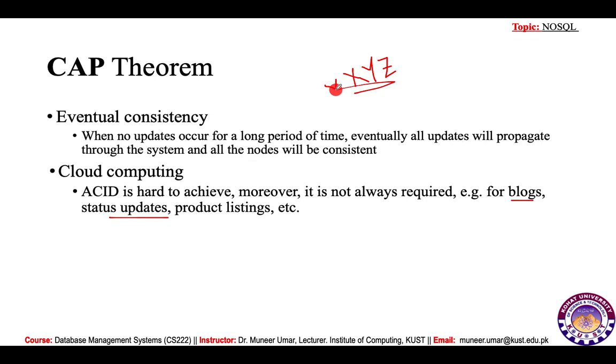Then it is possible that some users get the older status instead of the new status for a chunk of time due to eventual consistency, or due to BASE, or due to the CAP theorem.